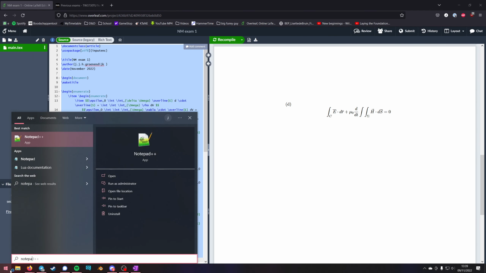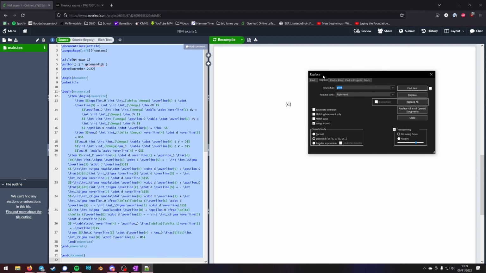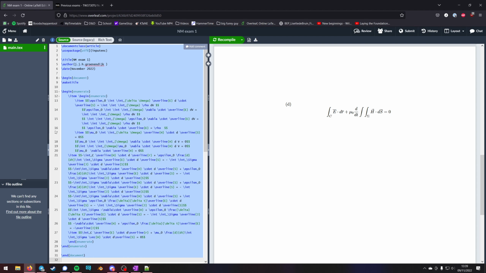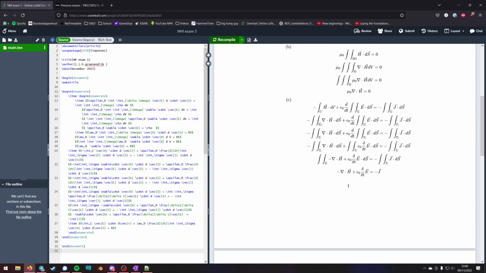Notepad++ it is. And then replace overline with vec. Hell yeah, look at us being fancy.